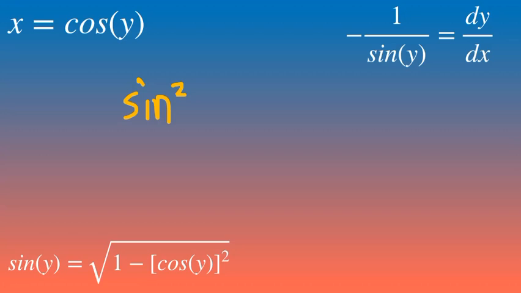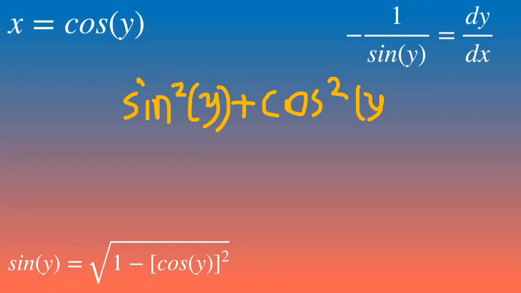So sine squared of y plus cosine squared y equals 1 by the Pythagorean theorem in the unit circle, right?